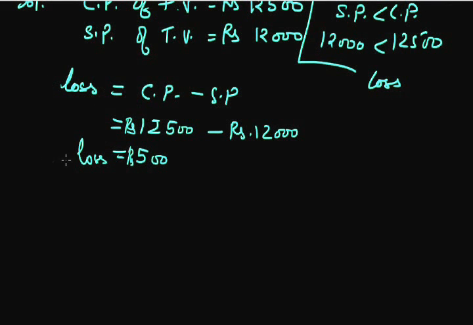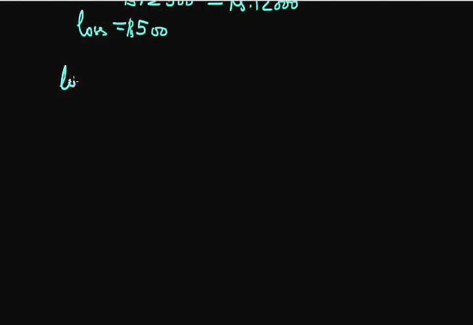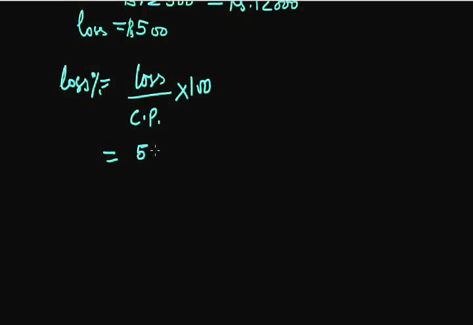Now we have to calculate the loss percent. So the loss percent is equal to loss upon cost price into 100. And the loss we have calculated just now, that is 500 rupees, upon the cost price, that is 12,500, into 100.